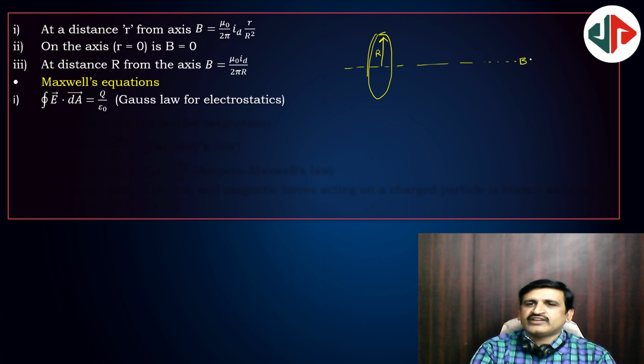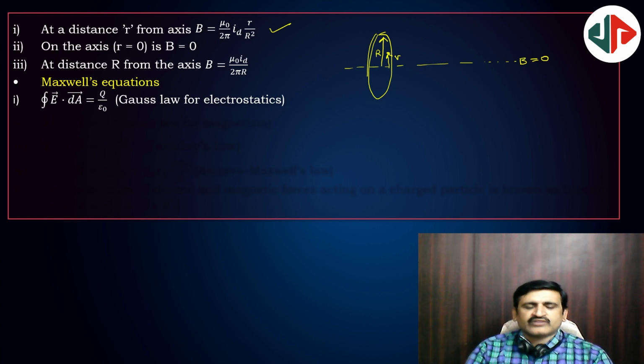Here definitely it is 0, but if you want it at a distance small r, then the magnetic field is given by this formula: mu naught by 2 pi I into r by r square. That means inside the conductor you can use this formula. Outside the conductor, as usual, mu naught I by 2 pi r will come.